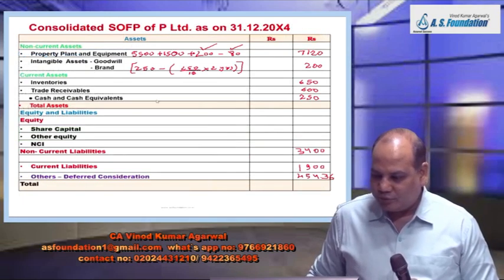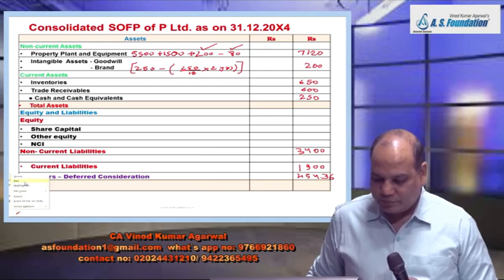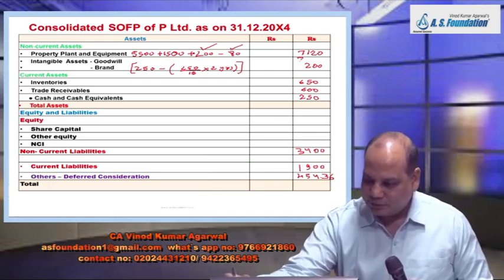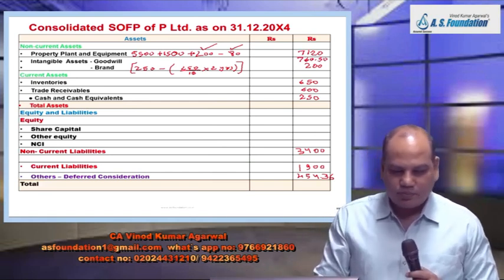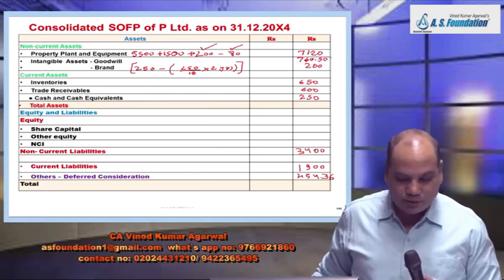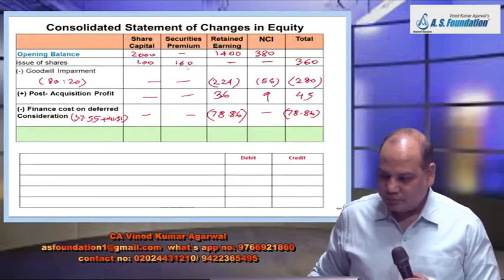Goodwill write down, 760.5 in the SOFP. 760.5. And one more task is pending, SOCIE.